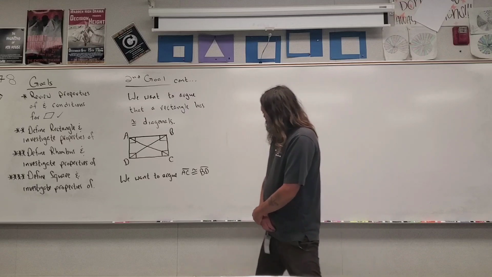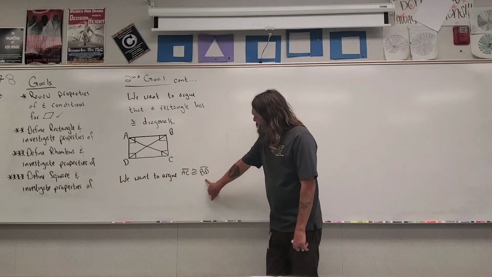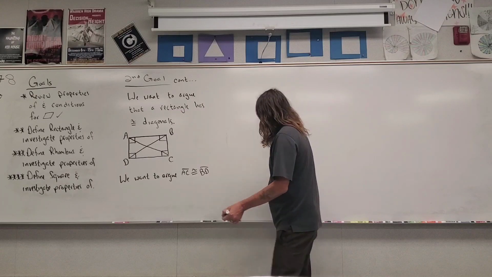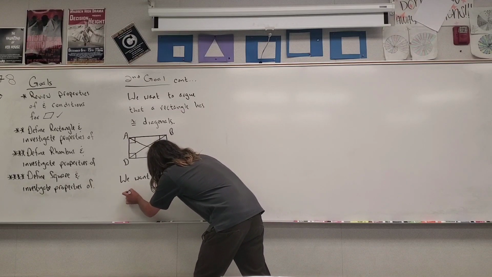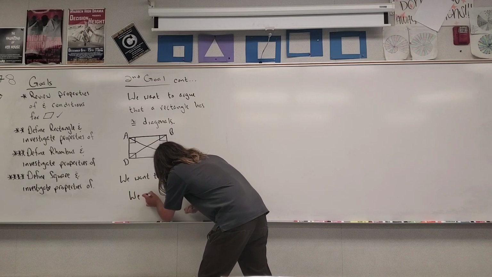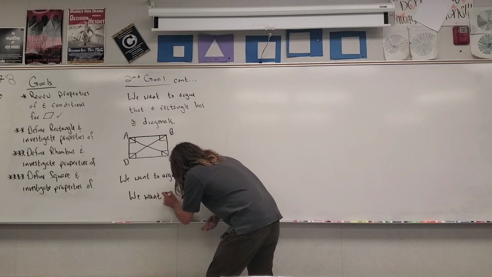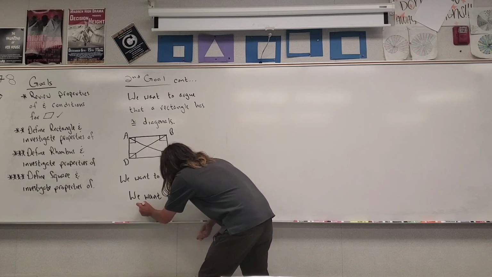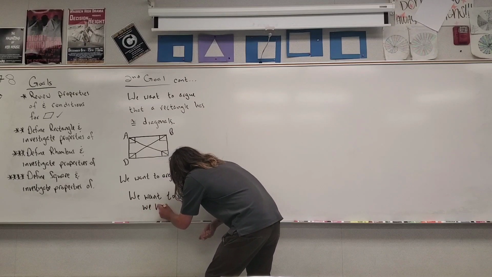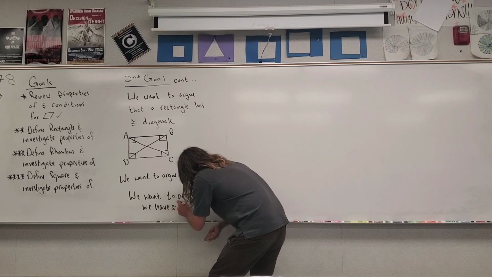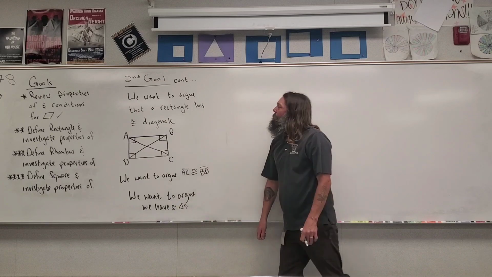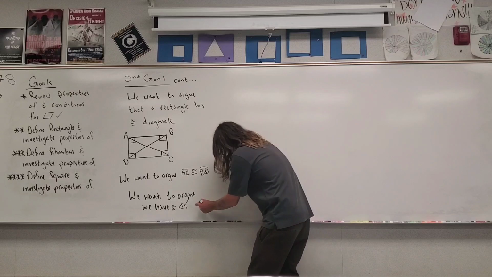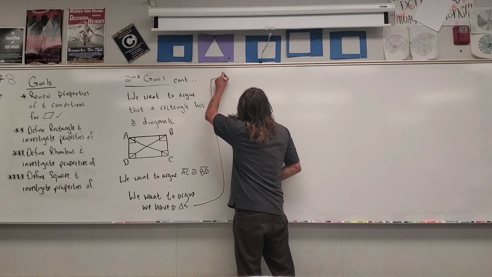All right, we want to argue that diagonal AC is congruent to diagonal BD. We are going to use the congruent triangle technique. So we want to argue for congruent triangles, right? Now, it might not be obvious what triangles we're going to use, and that's probably where you struggled with this argument.